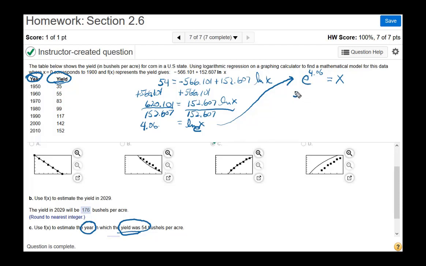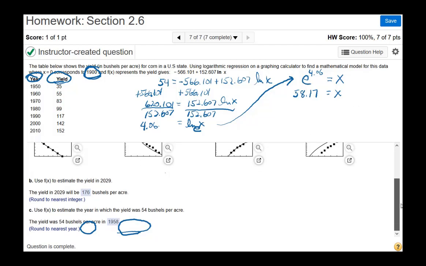That comes out to be a 58.17, and then there's several digits after that. However, you notice here we're trying to find the year, so 58 would be the nearest year, and that's 58 years after 1900, which would come out to be 1958.